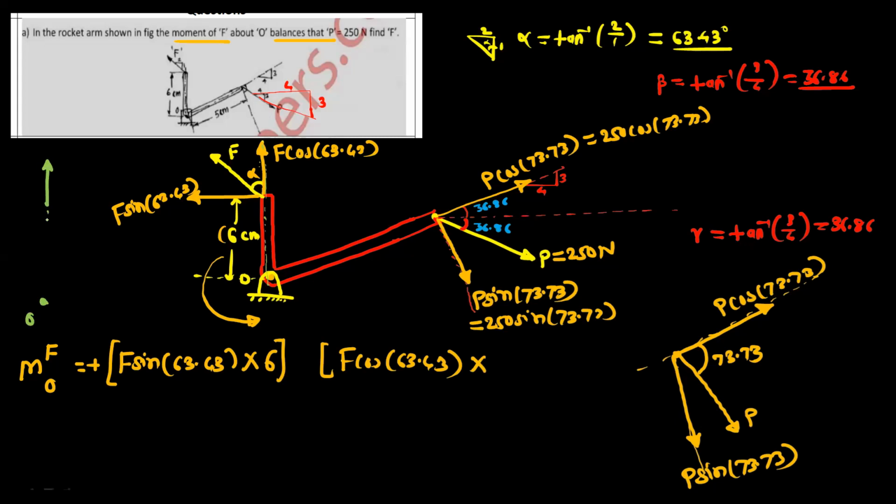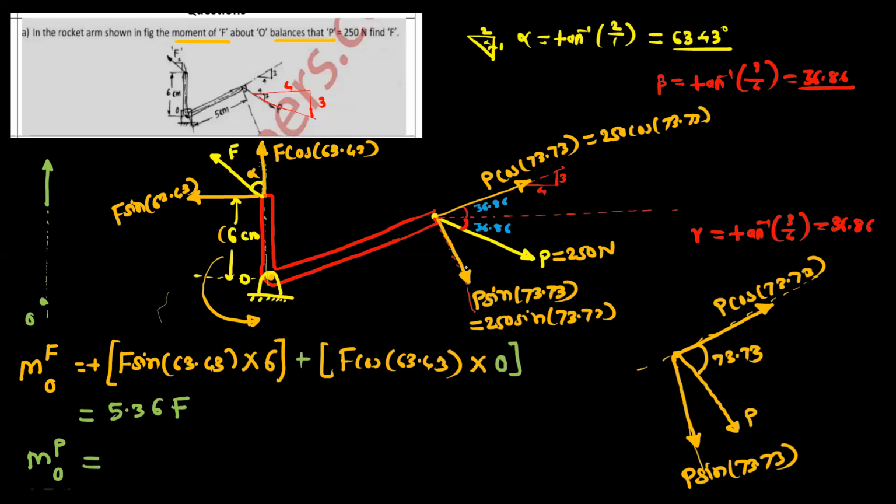Its line of action passes through the point O, so there is no perpendicular distance, and therefore this complete moment is 0. So this is the moment by force F about O: 6 into sin 63.43, which is 5.36 into F.